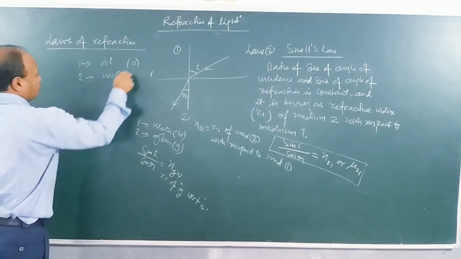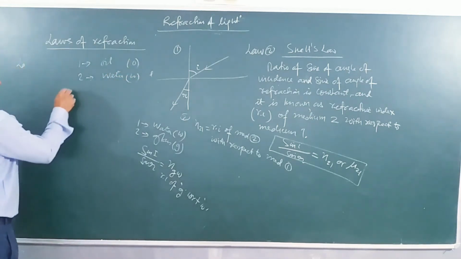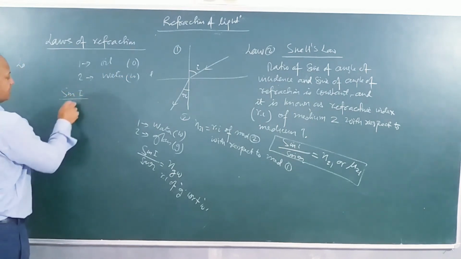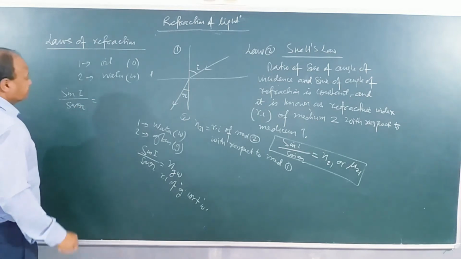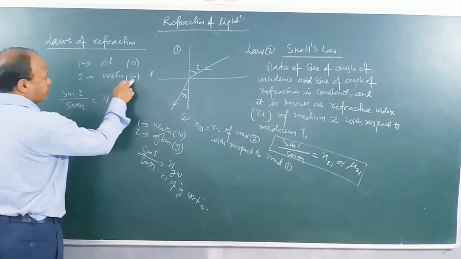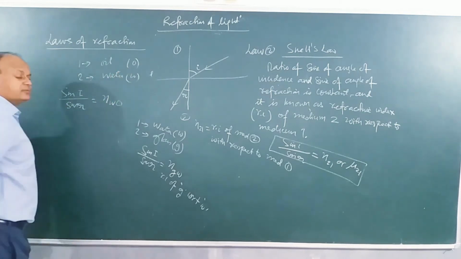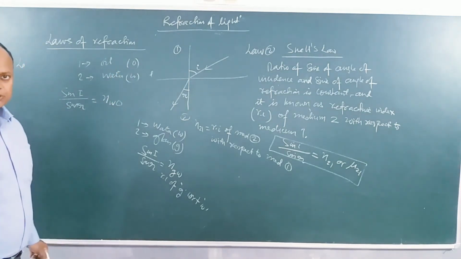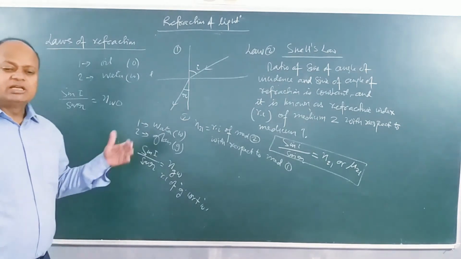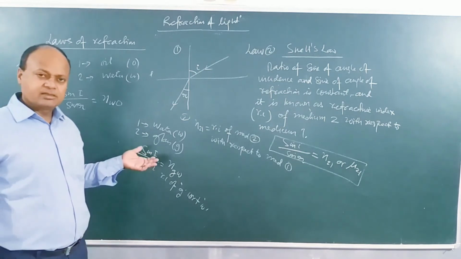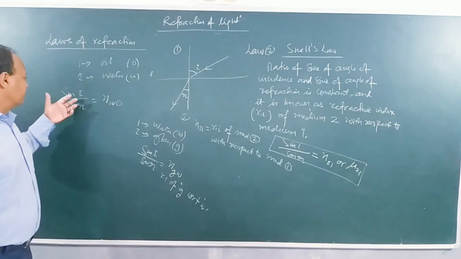Suppose oil I am writing O, water I am writing W. Then sin I by sin R is equal to N of 2 to 1, what is it? Water with respect to oil. Clear? So if medium 1 and medium 2 are given, we can easily find the refractive index by inserting the right values of I and R.